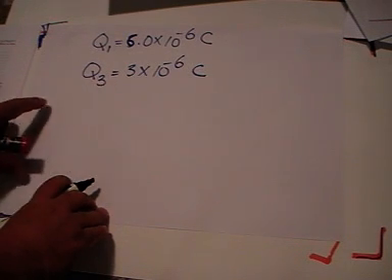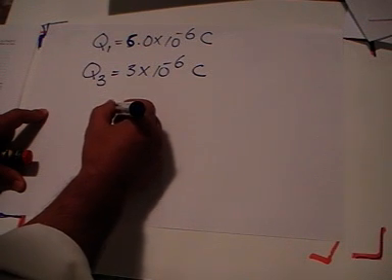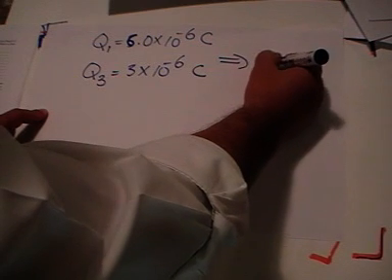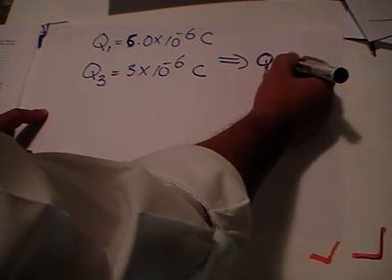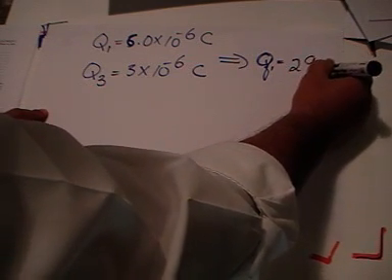The reason I wanted to do that is because I wanted to go back to the equation. This will give me that Q1 is equal to twice Q3.